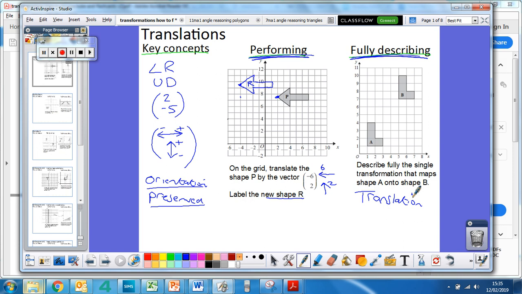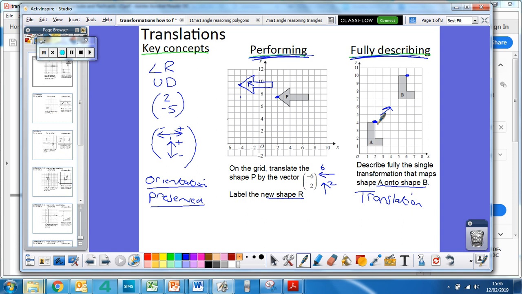Now if you pick a point on the shape, now we're going from A to B, so we're going this way. Pick a point on the original, pick the same corresponding point on there. And now we have to look at how would we get from this point here to this point here. Remember, we go left or right first, up or down afterwards.